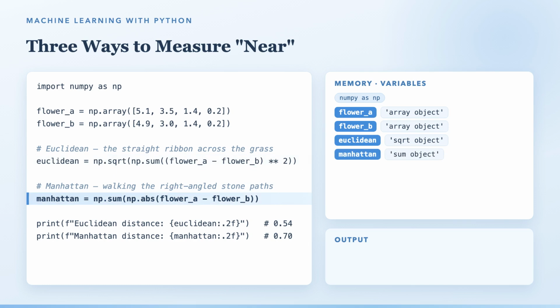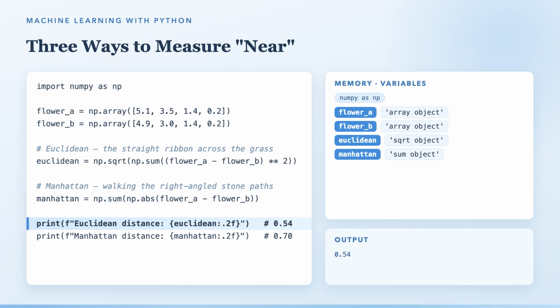Quietly, let's follow the numbers. We import NumPy as np, then flower_a holds 5.1, 3.5, 1.4, and 0.2, and flower_b holds 4.9, 3.0, 1.4, and 0.2. For Euclidean, we subtract flower_a minus flower_b, square each difference, add them together with np.sum, and take np.sqrt of the total, the straight ribbon.